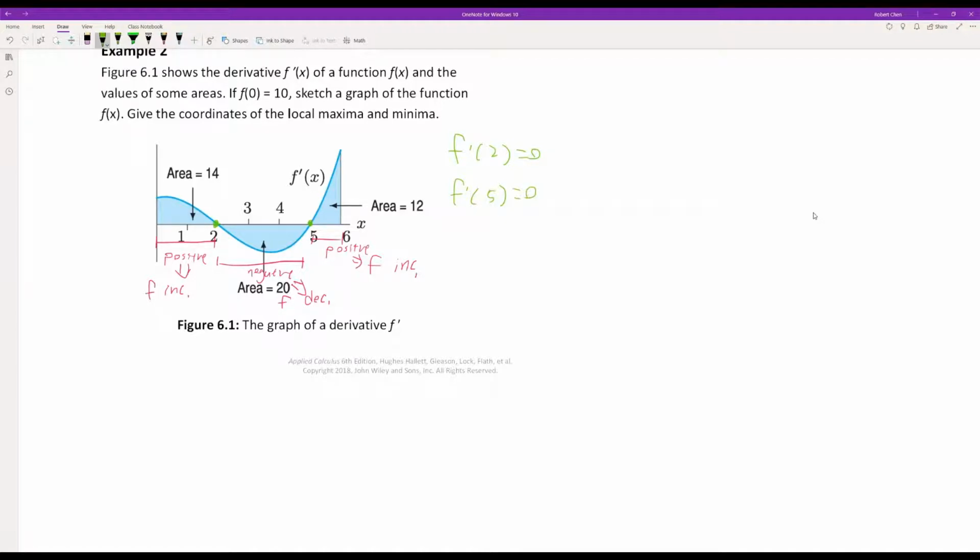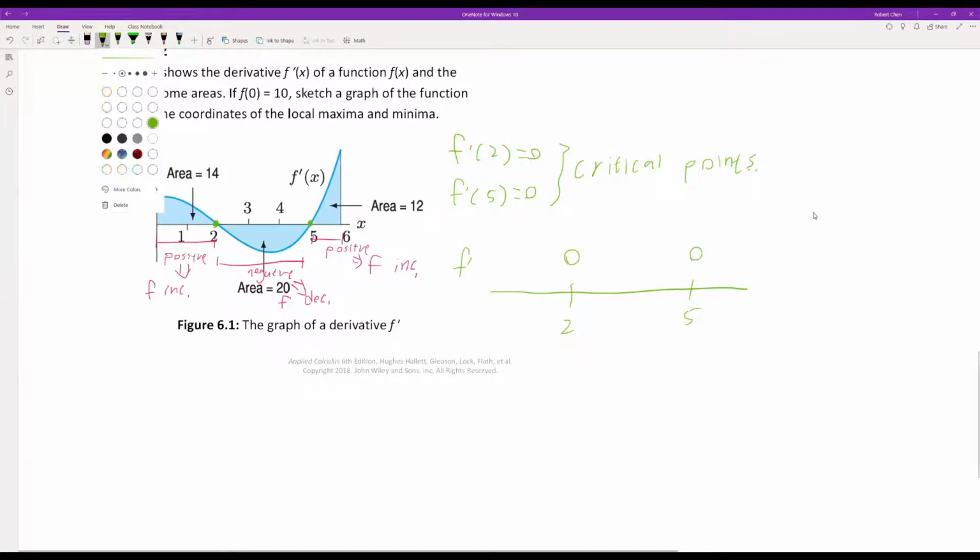When the derivative of a function is equal to 0, that means they are the critical points, right? Meaning they are either a local maximum or local minimum, right? Let's look at f of 2, right? So x is 2 and 5, and f prime is 0 at 2 and 5, right?